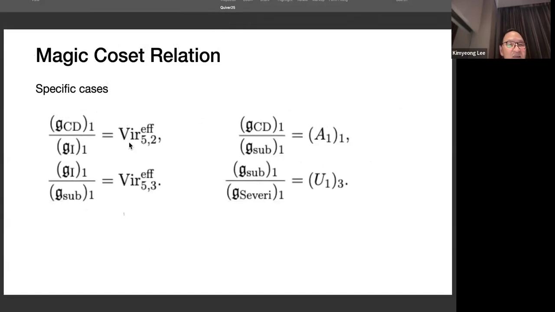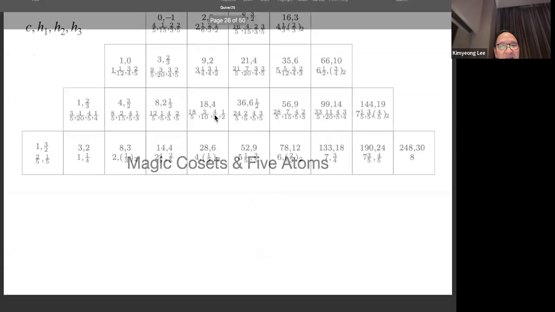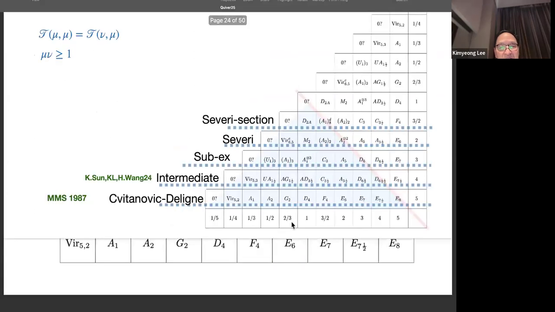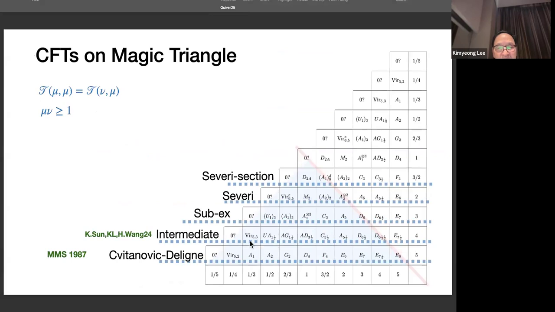Especially we find this relation, the CD series with the intermediate series, then if any series along the line, we get a ratio that is just given by the effective Lie series. And if you divide, let me go to the triangles again. Okay, so all these series and this series, the CD series and the intermediate series. So I choose any one of them, divide by this guy, then I get this one. If I multiply any of these guys, this series, then I get this.